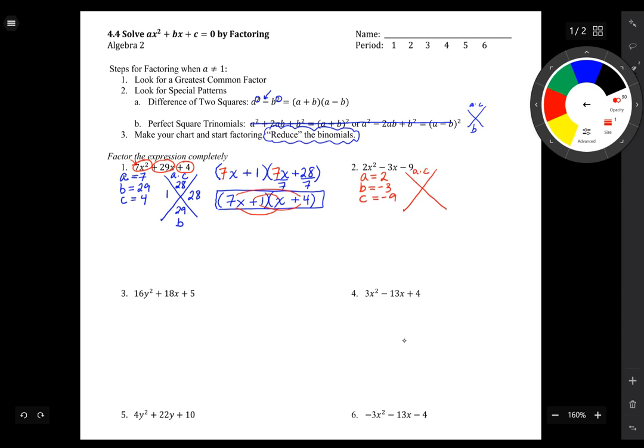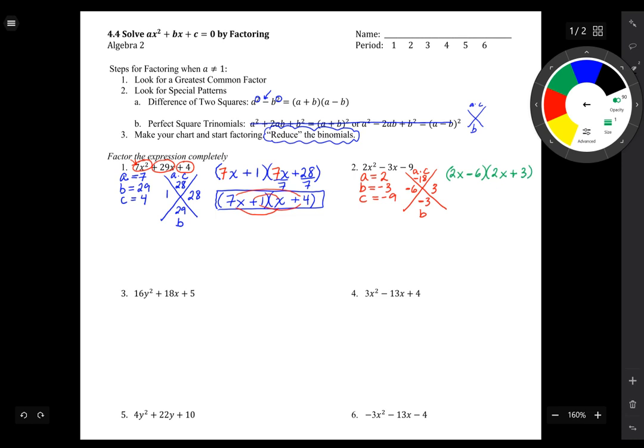A times C is -18, B is -3. We've done this one before. Now, it's not 9 and 2, but it's -6 and a +3. Multiply, give you -18. Added together, give you -3. So we don't want to be like a student who just rushes through this. So since we identified A was 2, we're going to put 2x minus 6 and then 2x plus 3.